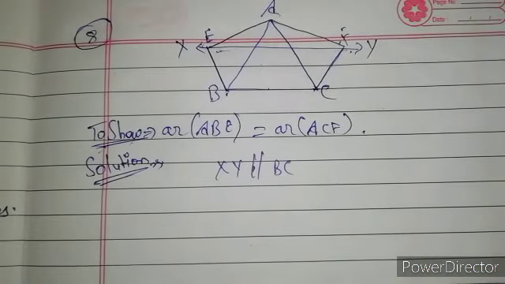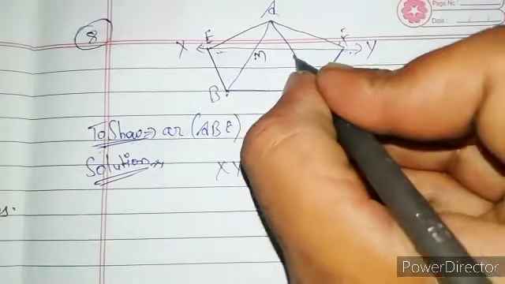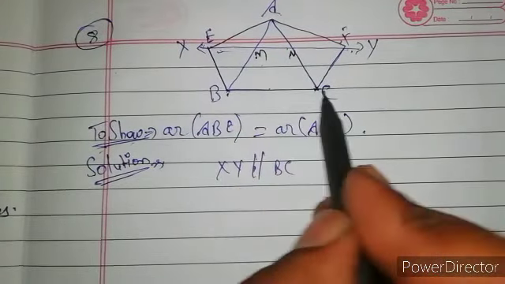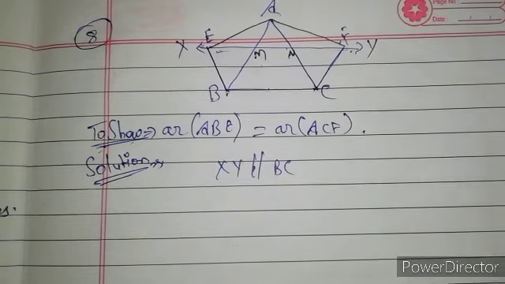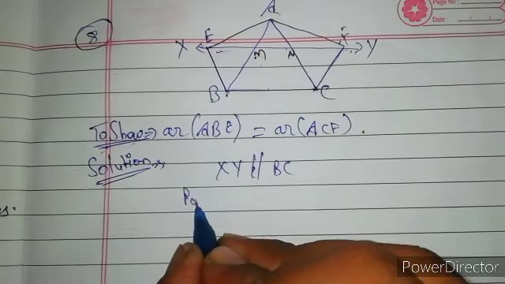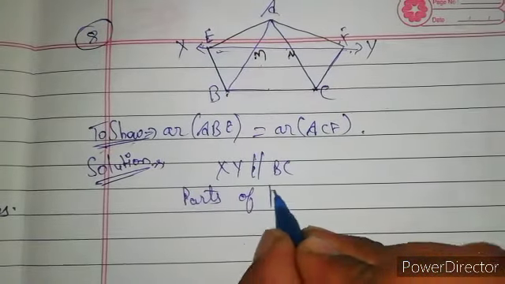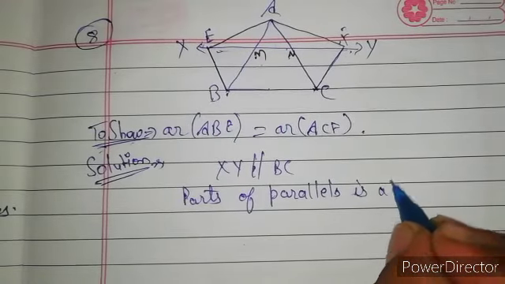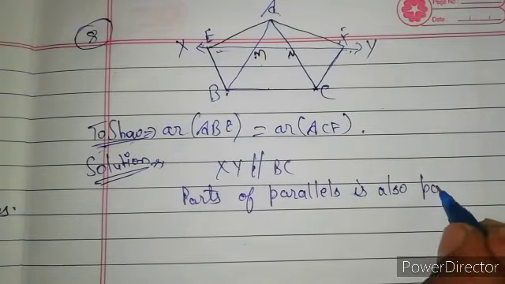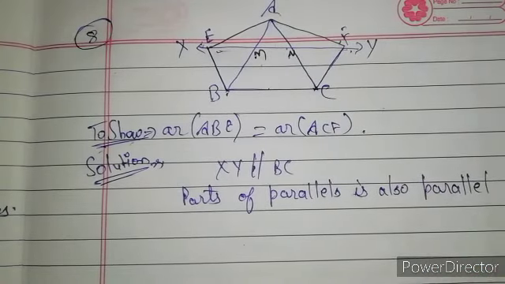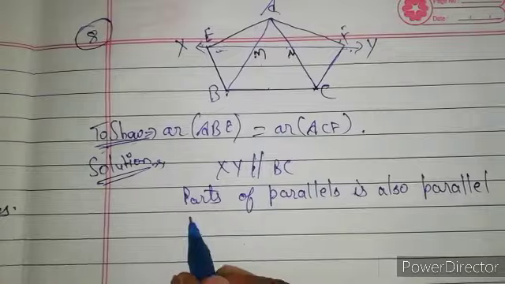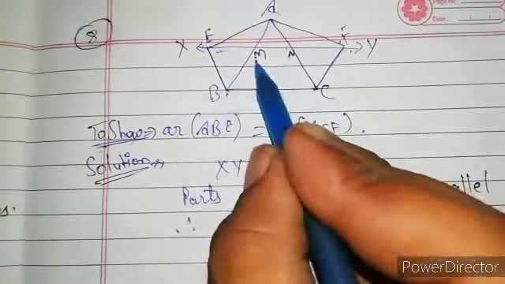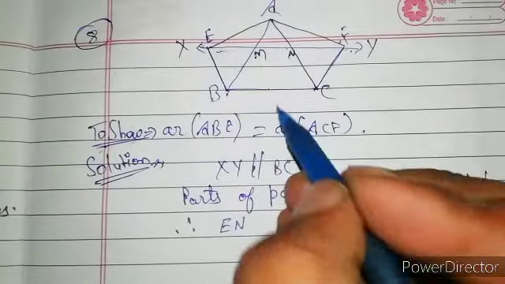If we name these points as M and N, we can say that EN is also parallel to BC, because look, a part of a line parallel to another line is also parallel to that line. So therefore we can say that E to N, this is a part of the parallel line XY, and it is parallel to BC.